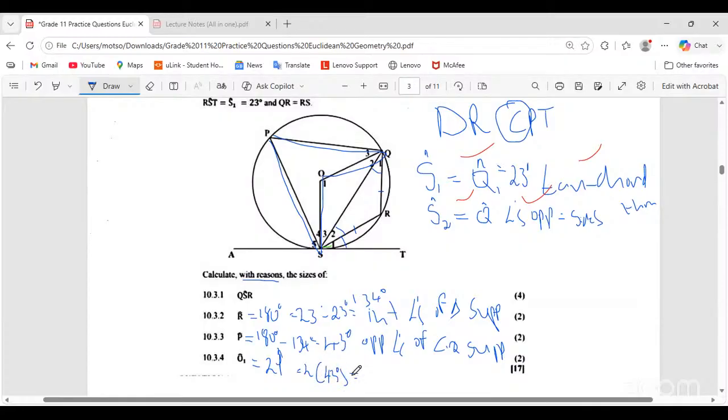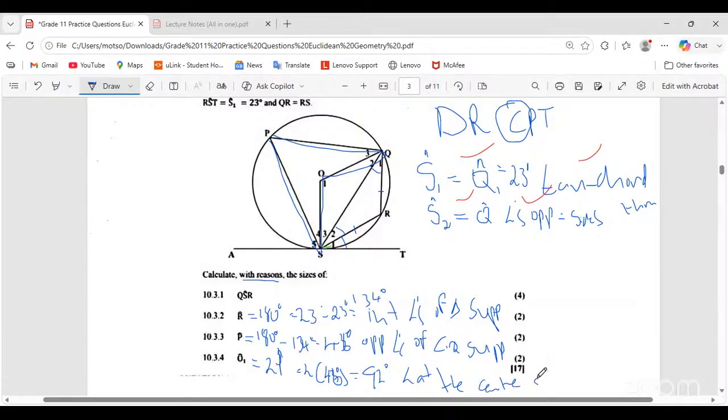No, not 43, this is 46 degrees. I'm sorry for that, guys. 2 times 46 degrees, I then get 92 degrees. What is the reason? Angle at the center.